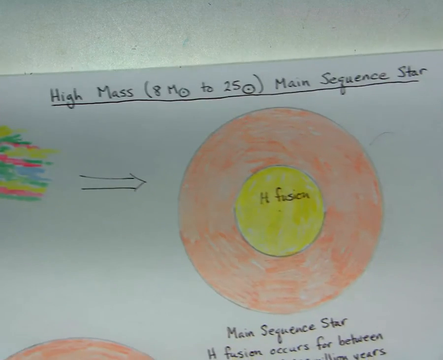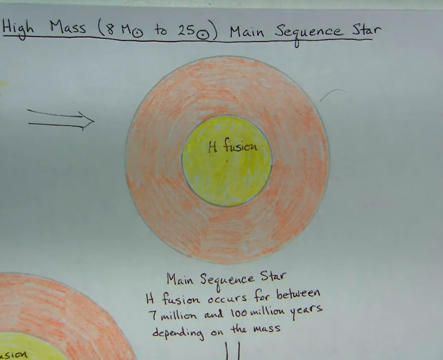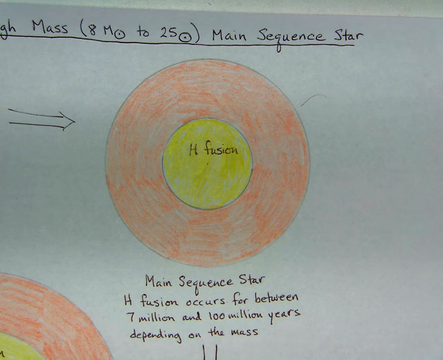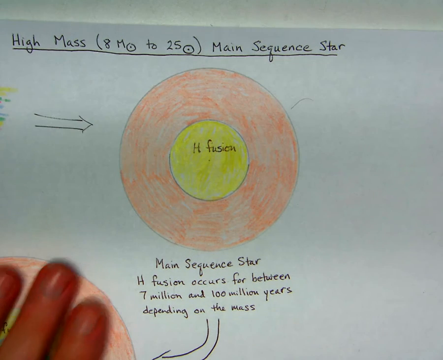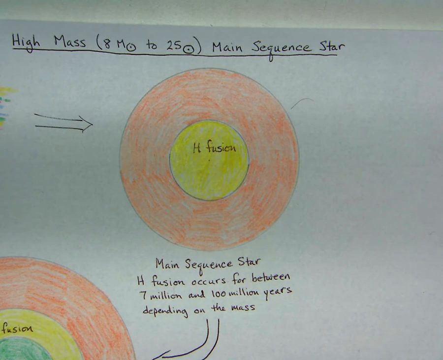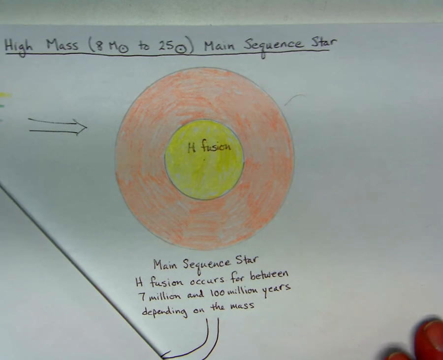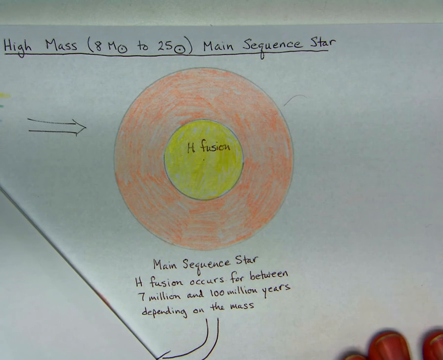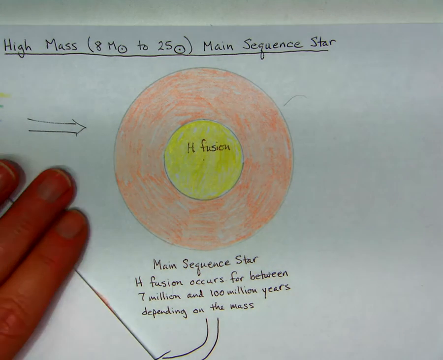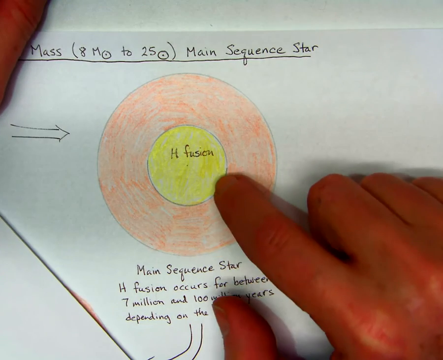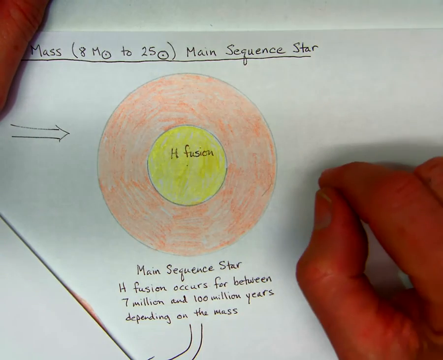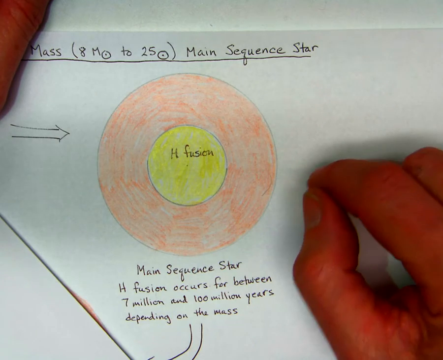Okay, when gravity starts pulling it together, when we get a lot of mass in the star, enough mass, enough gravity squeezing it together, eventually we'll get hydrogen fusion taking place.